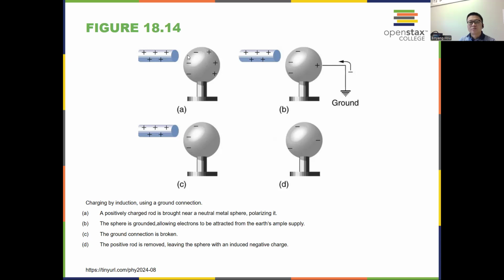So one side of the metal will be negatively charged, the other side will be positively charged. Now connect to the ground. The positive charge will be repelled further away into the ground. After that, you can cut the grounding wire, so the whole thing will be negatively charged. Now you can remove the rod, and this object will remain negatively charged.